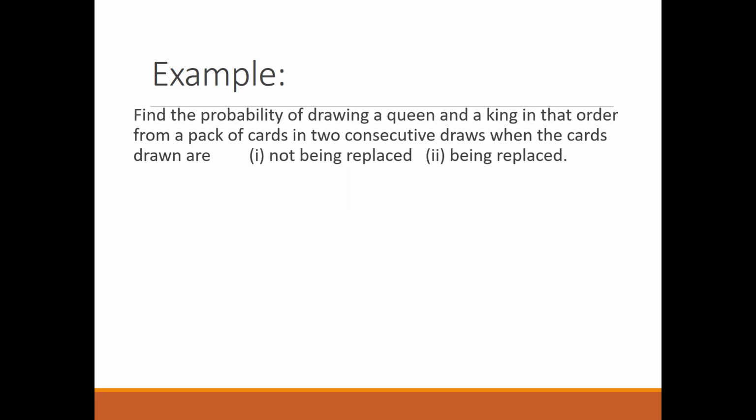There are 2 conditions given here: not being replaced and being replaced. In the first case, when I am drawing the queen, it will be from a pack of 52 cards. And while drawing the king, either I replace this queen back in the pack or I do not replace. In both scenarios, you need to find out the probability. Please give it a try and let me know the answer. You can put it in the chat or you can unmute yourself and give the answer.